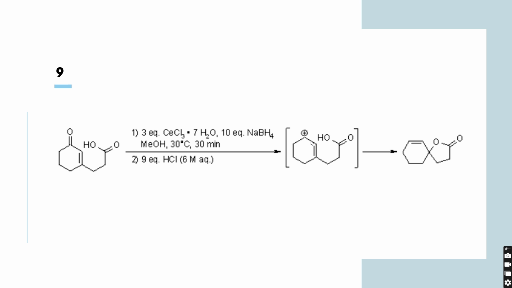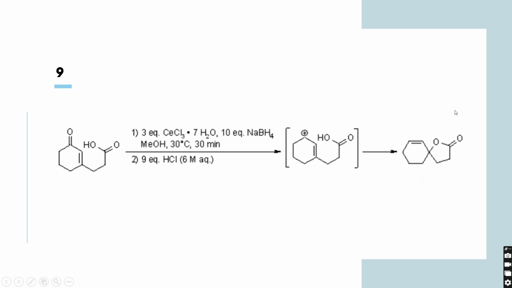As a result, you will get a product which is a spirocyclic lactone. Okay, the final product that we are getting is a spirocyclic lactone. This is getting generated because this acid is attacking at this carbon and your double bond will move here and this carbocation is getting neutralized.